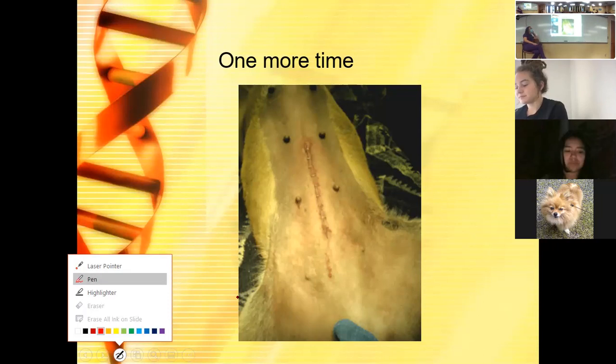So tell me the term you would use to describe this incision. Right, so it's on the sagittal, mid-sagittal plane, on the medial line, right in the middle. So this is a midline or medial line incision.